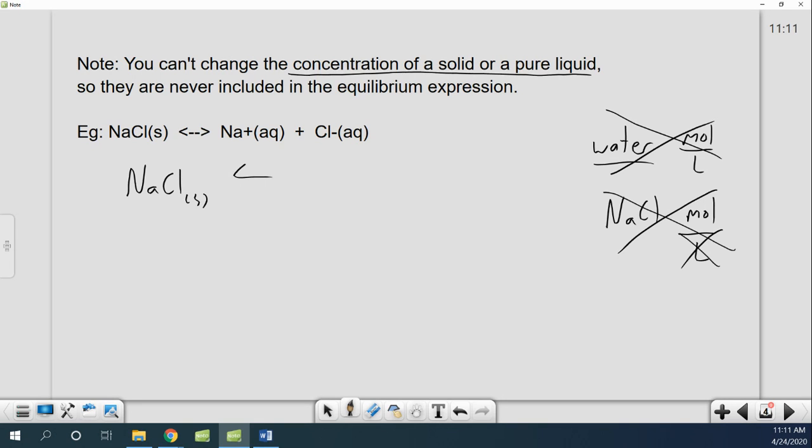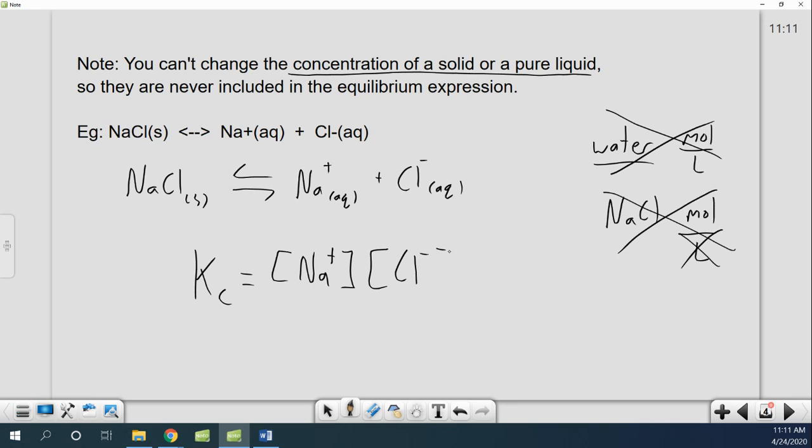So I've got solid salt breaking down into sodium plus ions and chloride ions. Now they're aqueous, so now we're cooking with gas. I can work with an aqueous concentration. So if I want my equilibrium constant, I've got two products: the concentration of Na plus and the concentration of chloride minus.